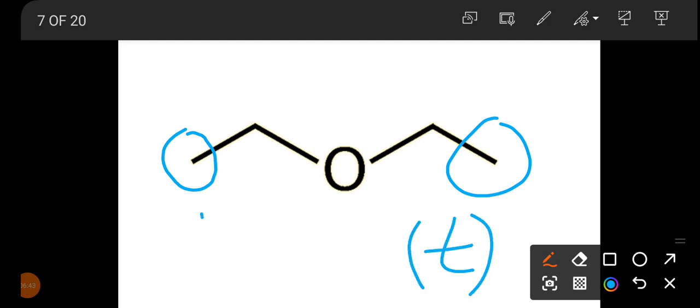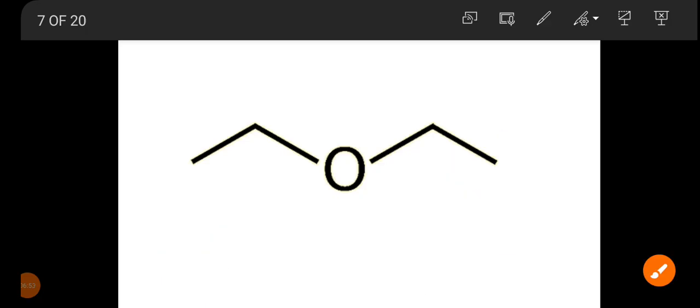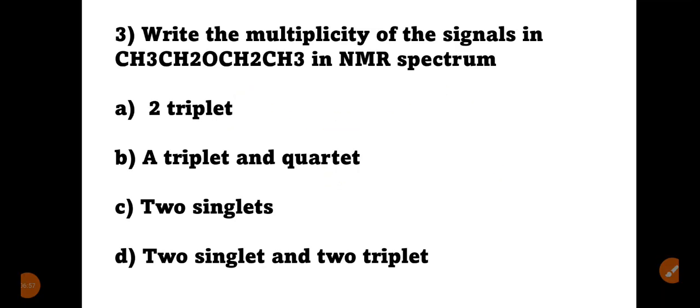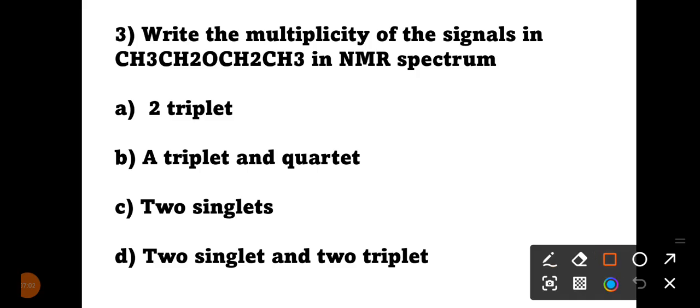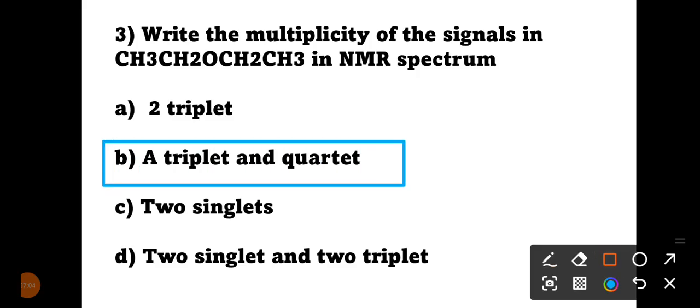So in this structure we will get one triplet and one quartet. So that is our answer, B: a triplet and quartet.